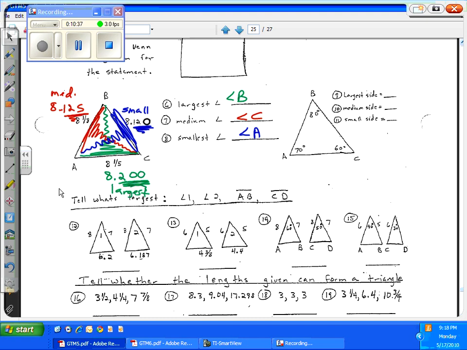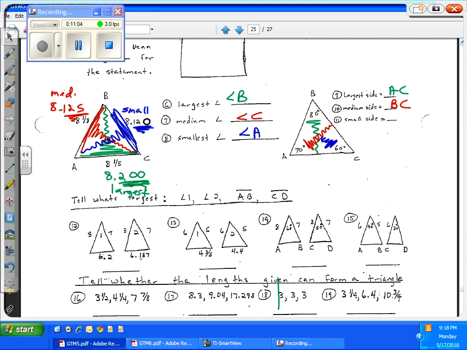Conversely, the largest side will be opposite the largest angle, so the largest side is side AC. The medium size side will be opposite the medium size angle, and the medium size side is BC.